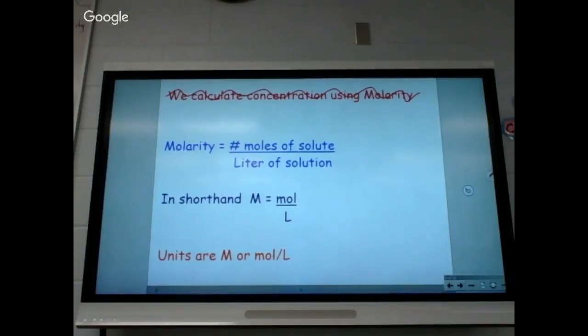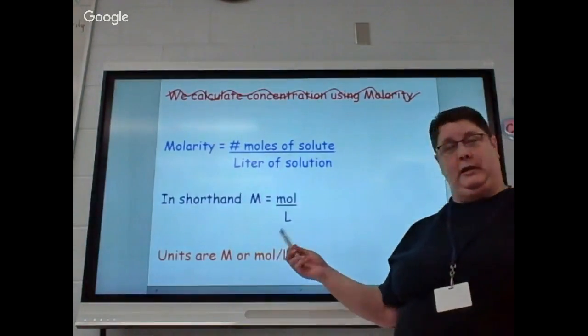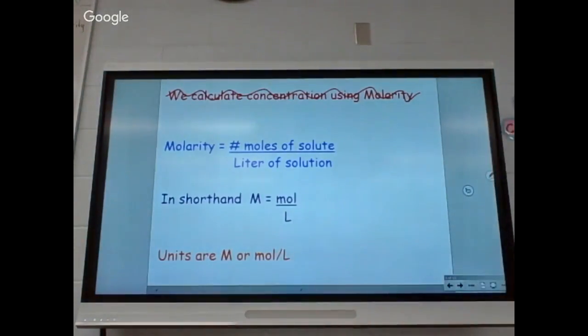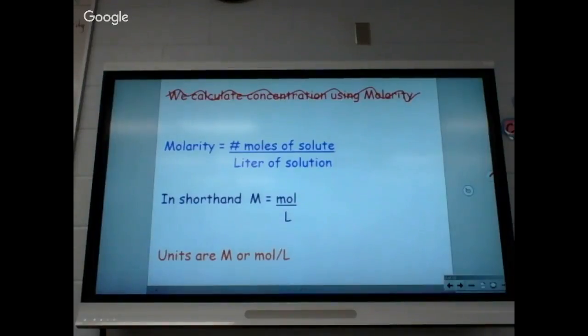No, it's going to talk about solutions and water. The units you may use are either writing capital M or you can write moles over liters. Either one is acceptable. I tend to write big M because I'm lazy. Some people prefer moles over liters. You choose. It makes absolutely no difference to me.